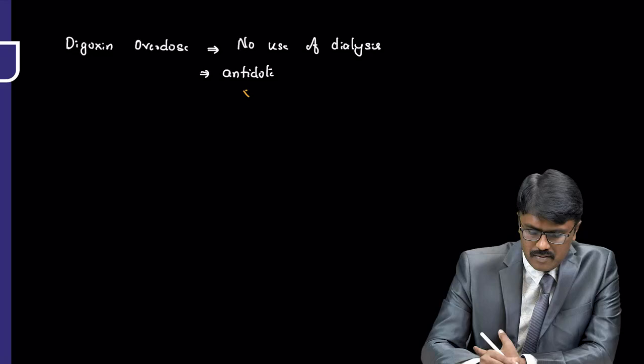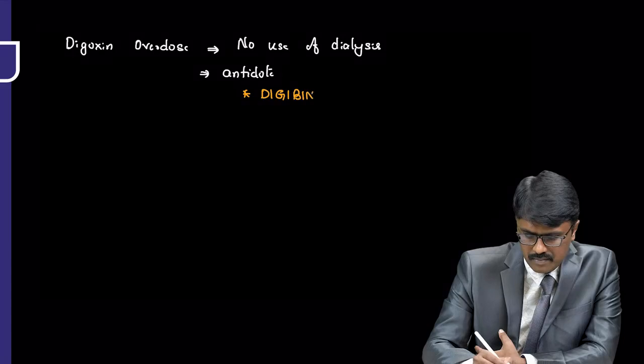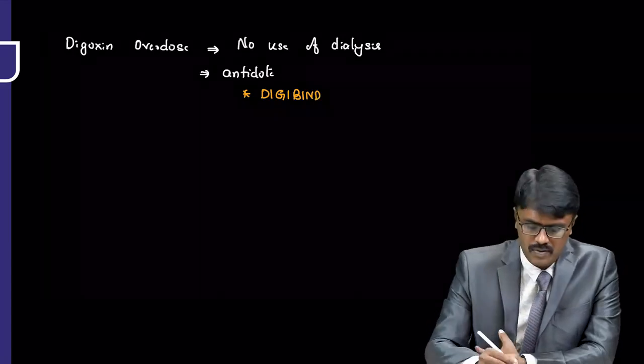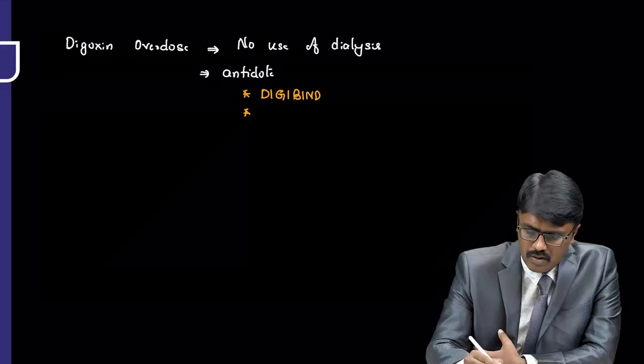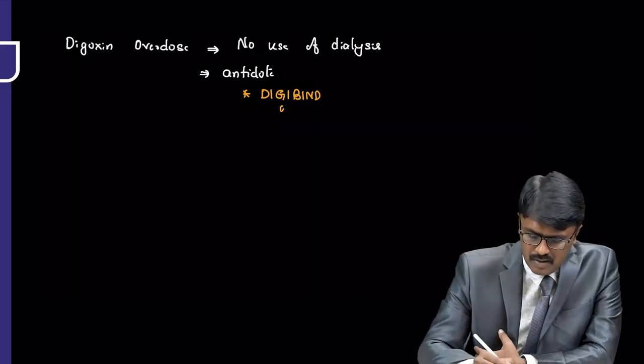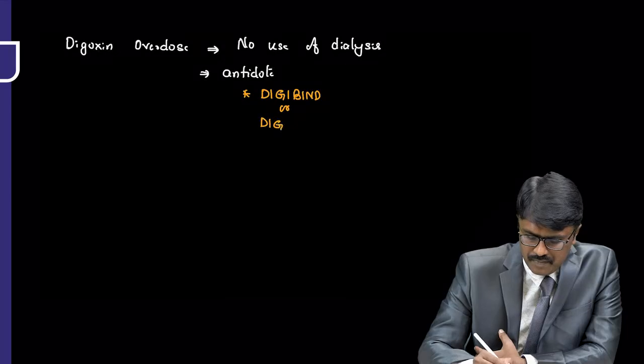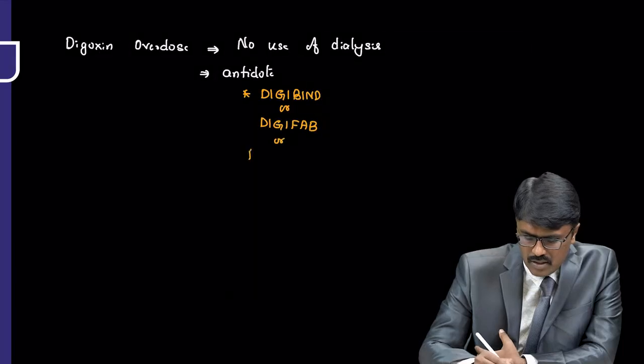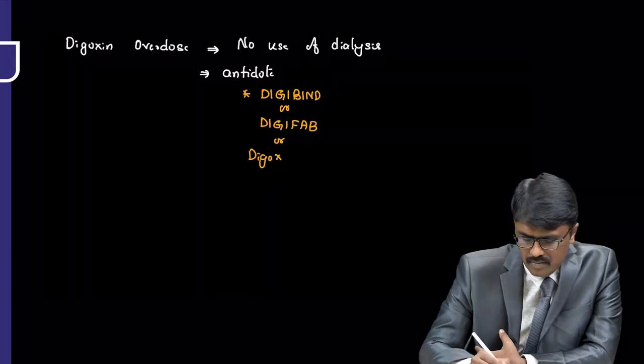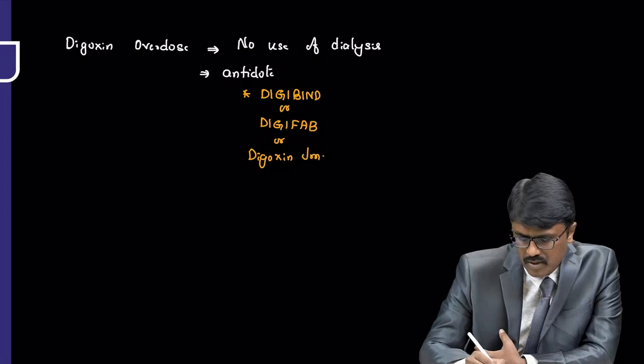What is the name of it? The name is Digibind. It is also called Digifab, or it is also written as digoxin immune antibodies.